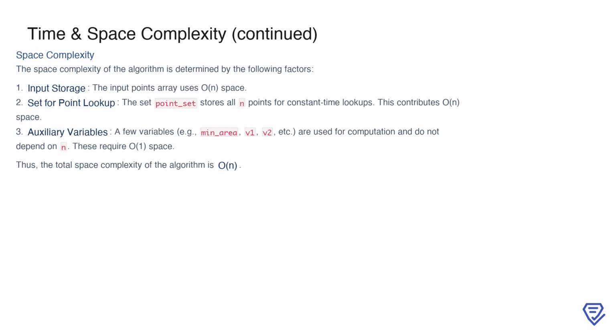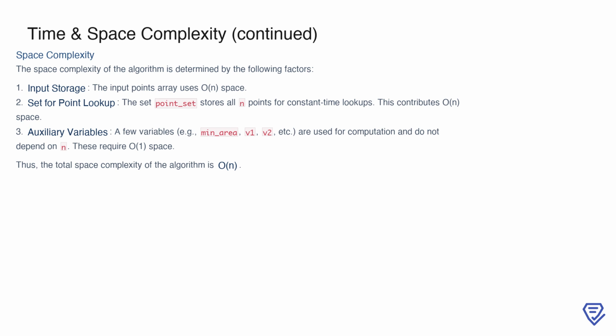Next, let's turn to the space complexity. First, we account for the input storage. The array of points itself requires O(n) space. Additionally, we use a set, point_set, to store all points for quick lookups, which also contributes O(n) space.